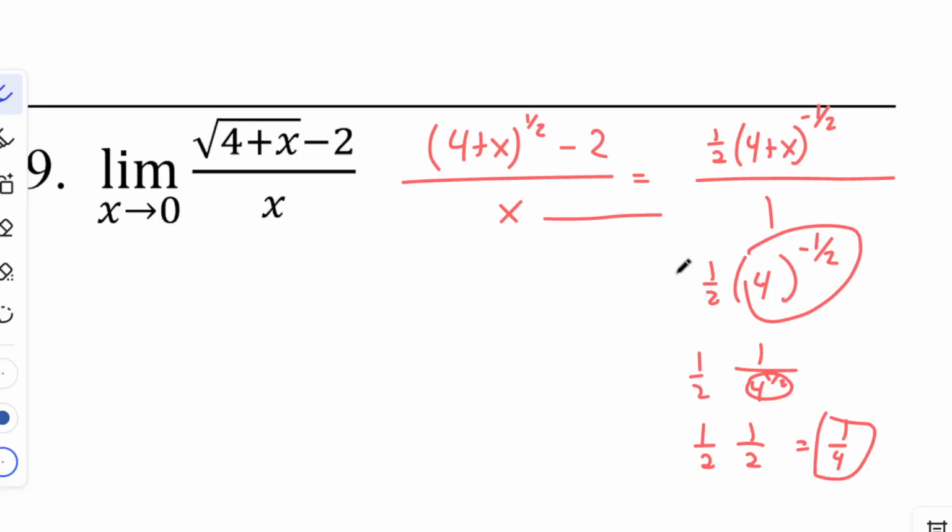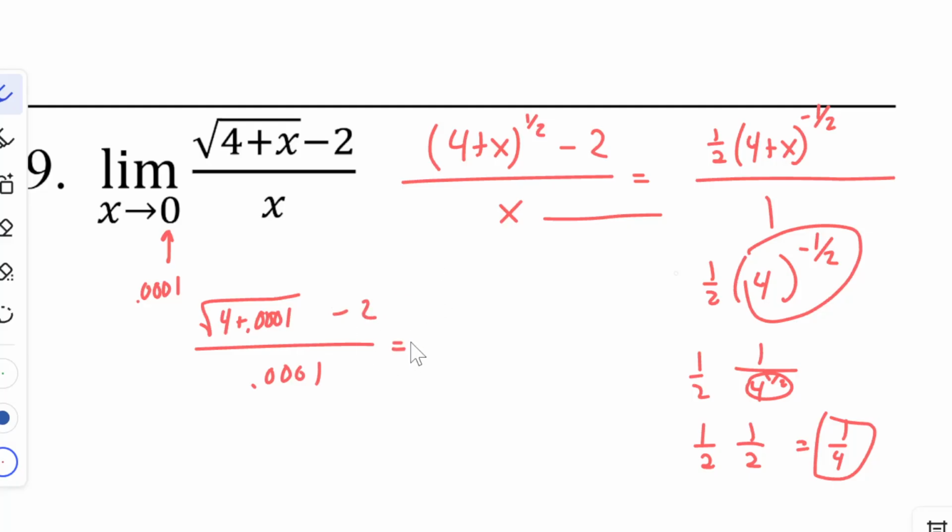That's one way to cheat this thing, especially if you have your calculator. You could just plug in a number that's really, really close to 0, like 0.0001. So it'd be 4 plus 0.0001, that's 2 over 0.0001.